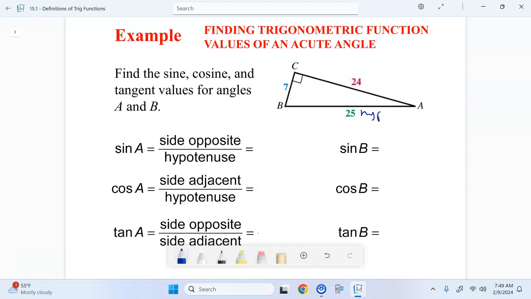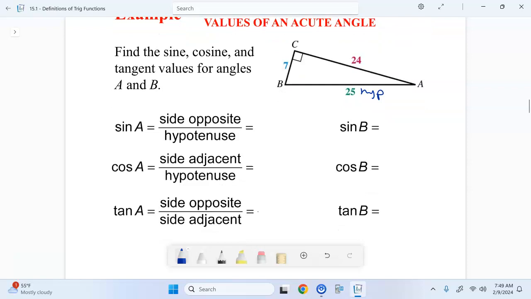Okay? Now, what side is opposite and which side adjacent is going to depend on what angle we're looking at. So, if I want to find my sine of A, I'm going to look at angle A. I'm going to reference angle A. Well, what side is opposite of angle A? 7.